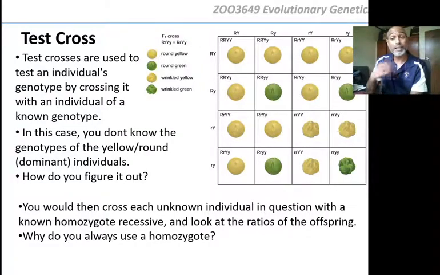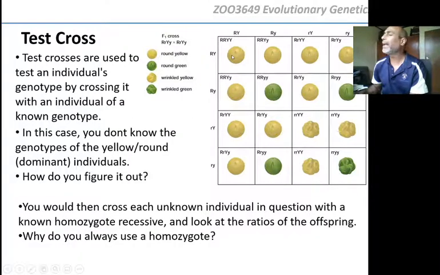So now immediately, you made this one round yellow. You don't know what its genotype is. You made this one with the known genotype, homozygous recessive, and what do you get? You get individuals that are not only round and yellow. You get some wrinkled and you get some green, and then you know this one here was this genotype here, because if it was that genotype, I would not have gotten any green.